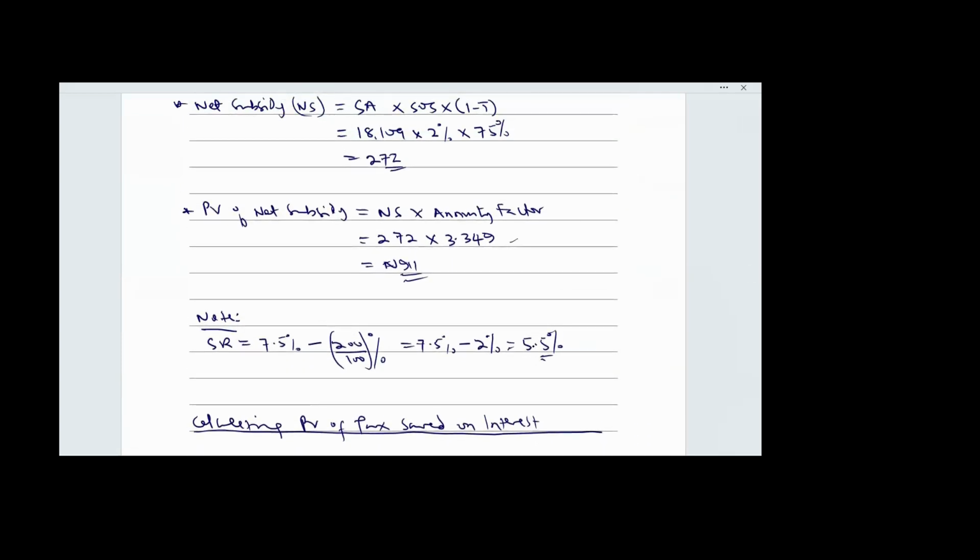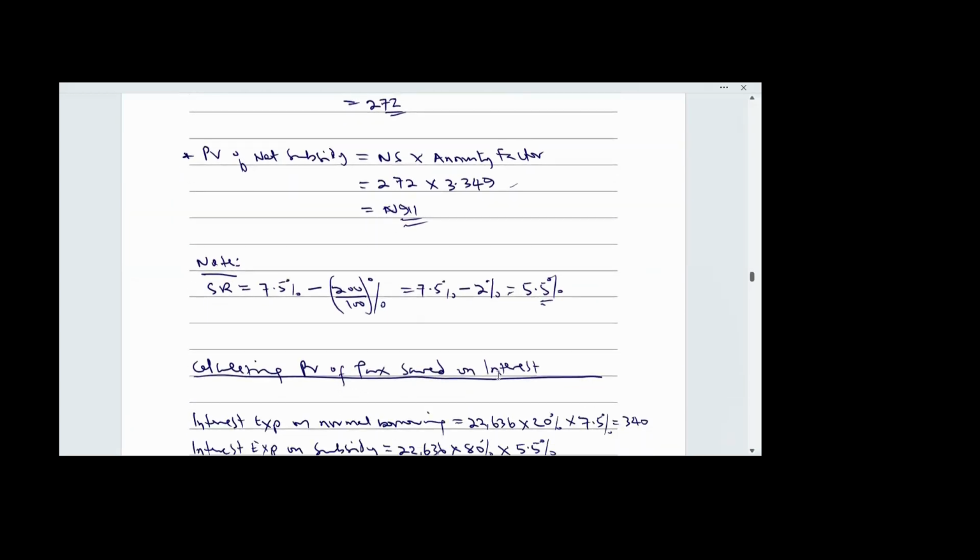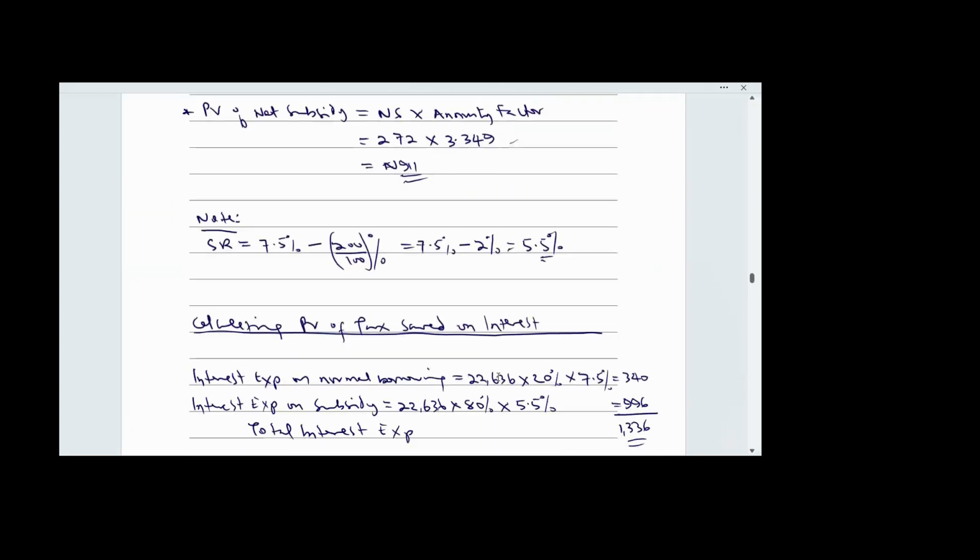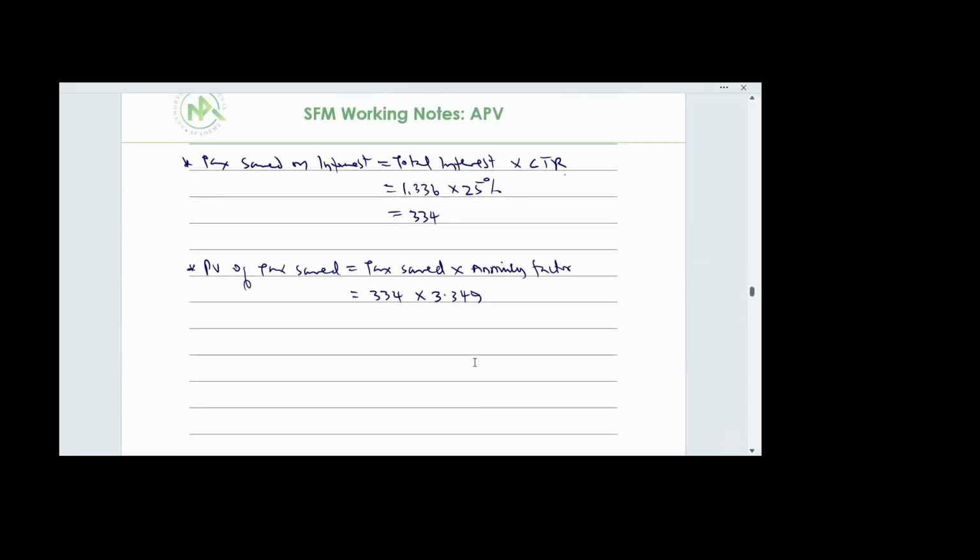Therefore, I will then say 334 multiplied by 3.349 equal 1,119. So this represents the PV of tax saved on interest.